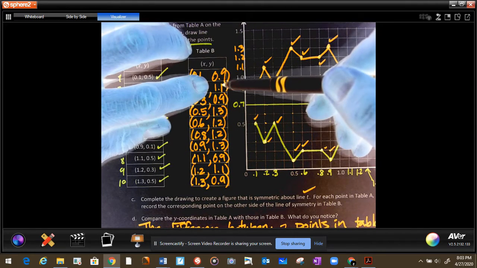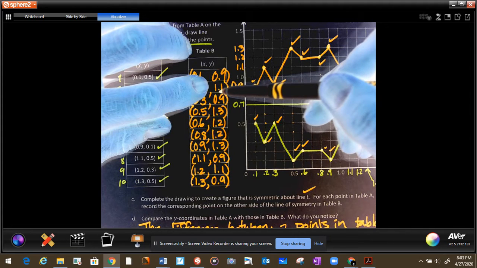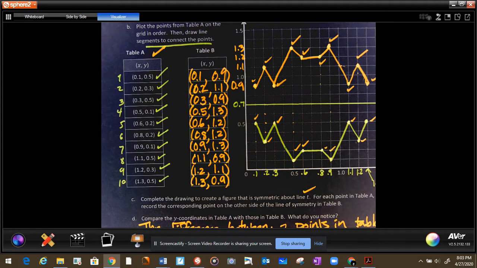If you subtract 0.9 from 1.1, the difference is 2. That's what we just wrote.